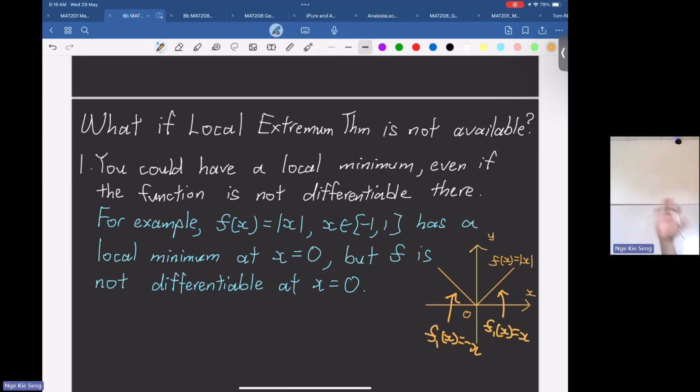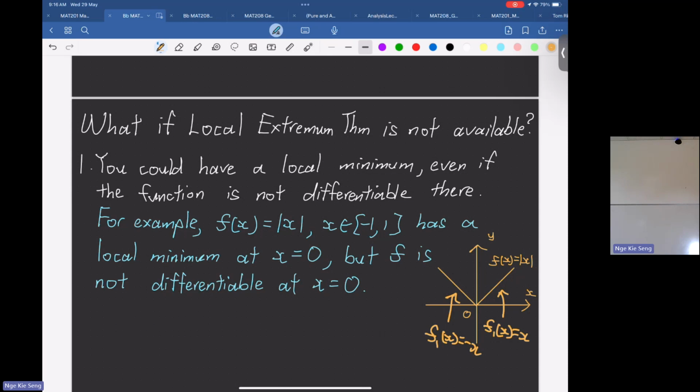So it's not differentiable. But where is the local maximum or minimum here? At 0. Why is 0 a local minimum? What do you need to satisfy to be a minimum, in the domain? For every point.